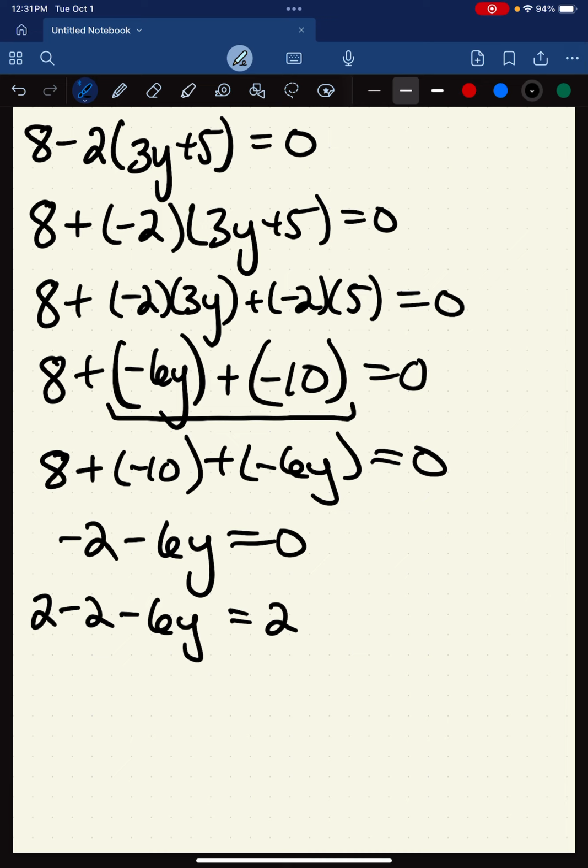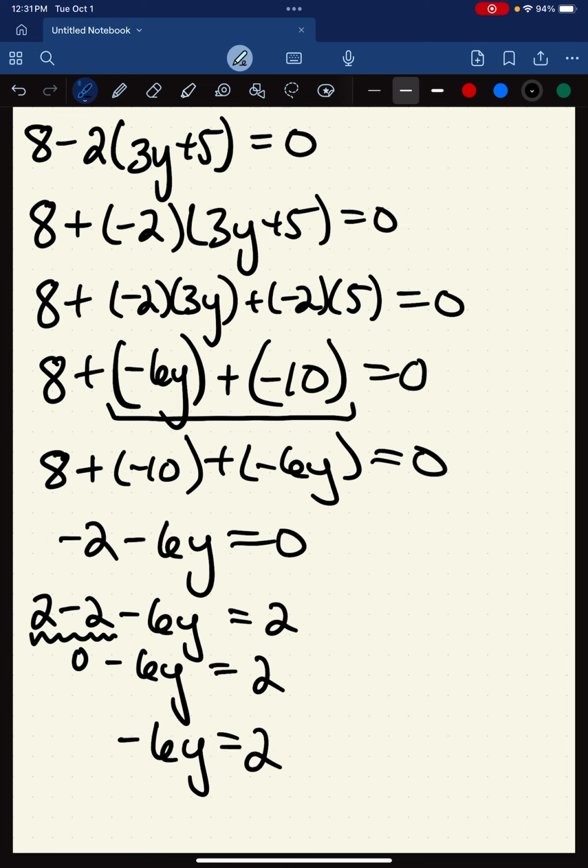Then using associativity, we have to be careful here, but this resolves to the identity, which is 0 minus 6y is 2. And so we're left with negative 6y is 2.